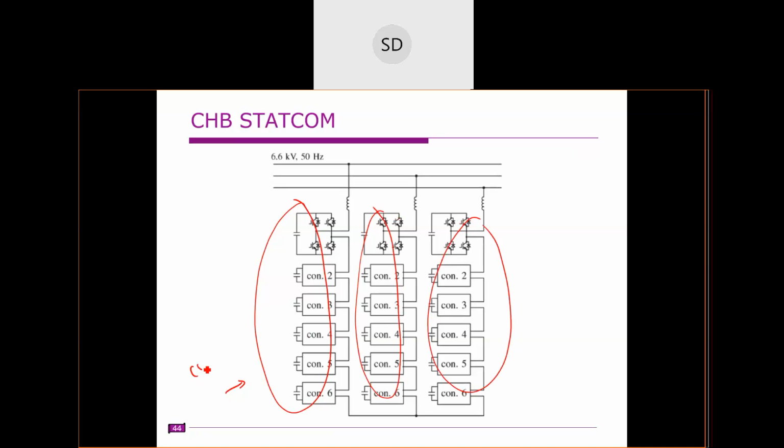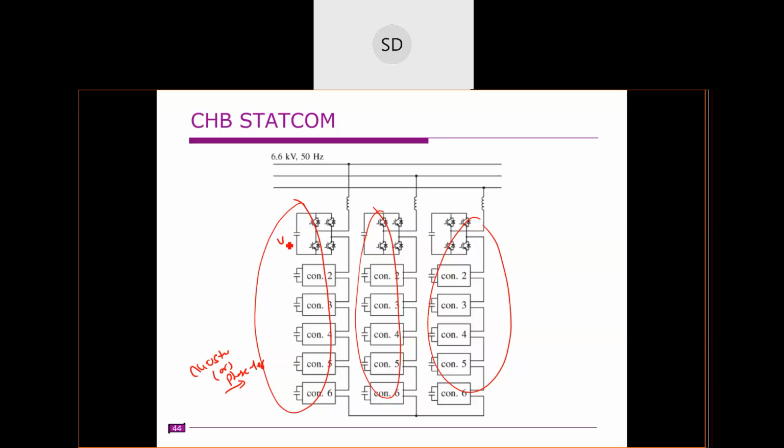This entire thing is a cluster, also known as phase leg. Clear?